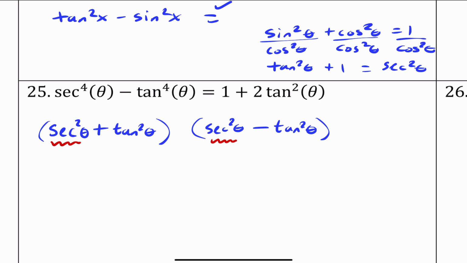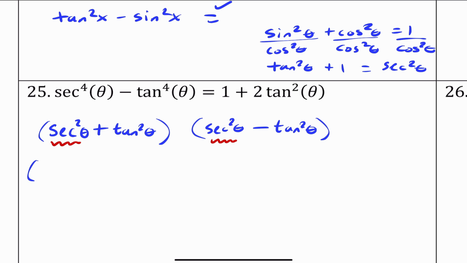This is what happens when I divide the Pythagorean identity by cosine squared of theta for each term. So now these secant squared of thetas I can go ahead and replace.